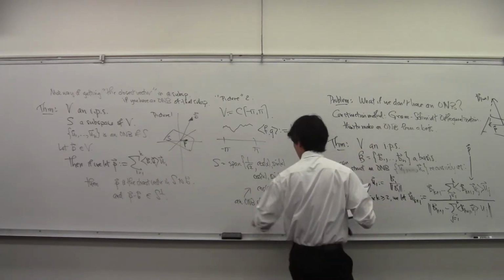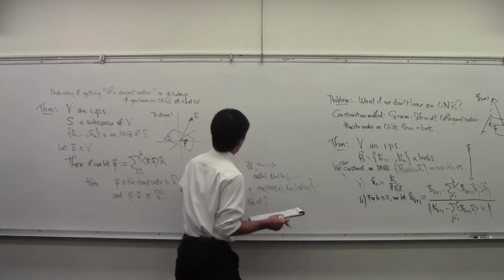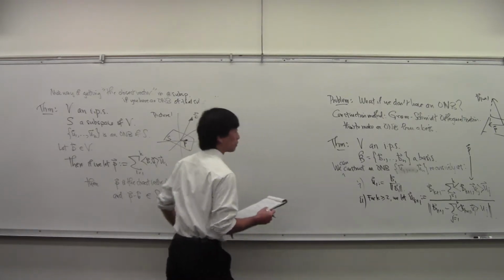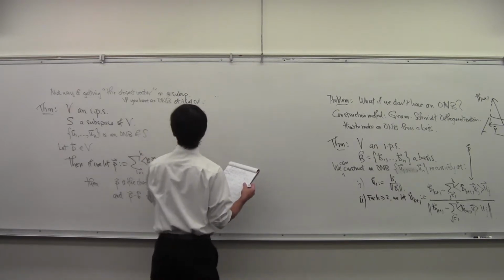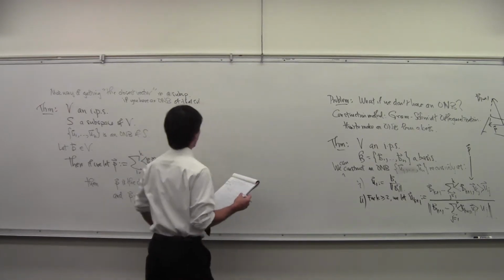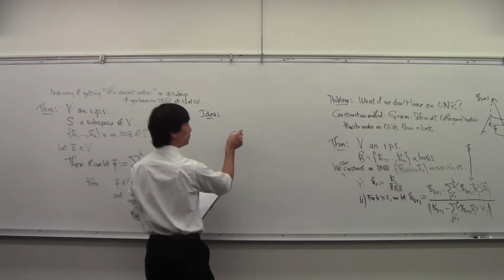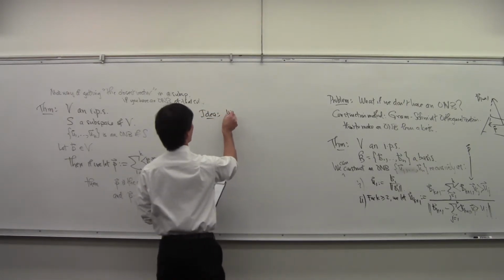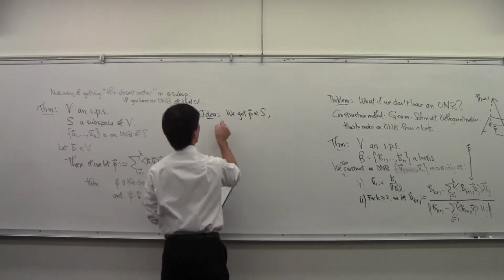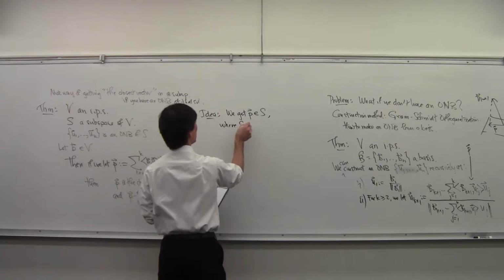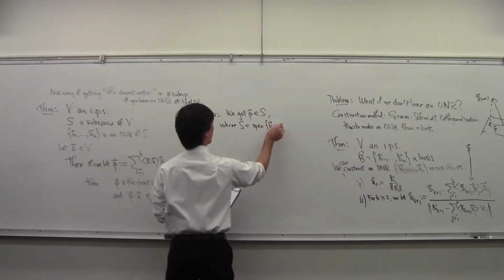What's the idea? To get U k plus 1, we get P in S, where S is the span of U1 through UK.